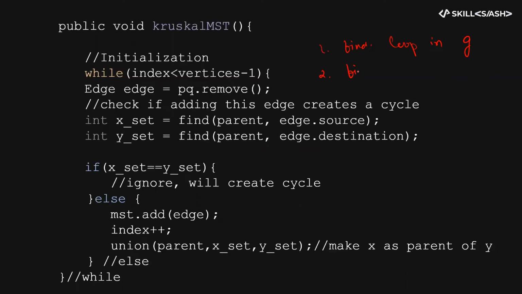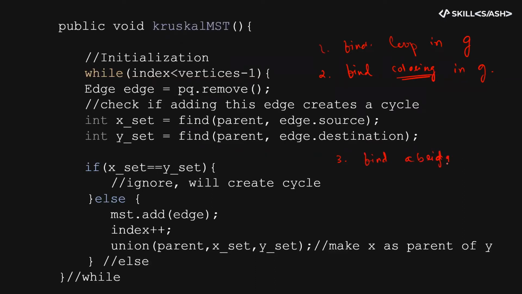Second: find coloring in a graph, with how many minimum number of colors you can color the whole graph such that no two adjacent vertices have the same color. Third: find a bridge in a graph.